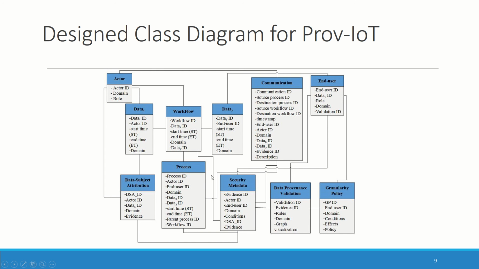For example, if you think about security metadata, the evidence of the ID, what kind of security mechanism it is using, should be represented with an ID. The actors or the end users involved with their security metadata should be added here, also in which domain or condition they are involved, and the particular evidence for the security metadata should be included in the class.